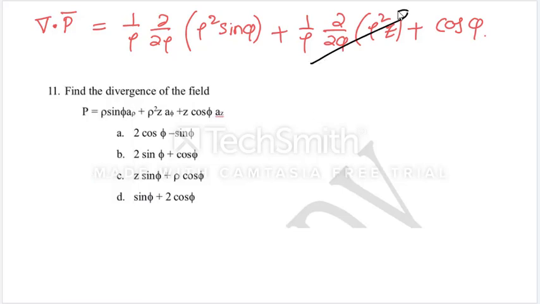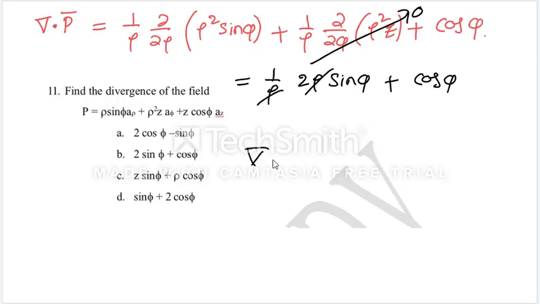Yes, and here this term is 0 now, and here what we'll get it is 1 by rho into 2 rho sin phi plus cos phi. So finally del dot p, which is equal to 2 sin phi plus cos phi. So what's option B?